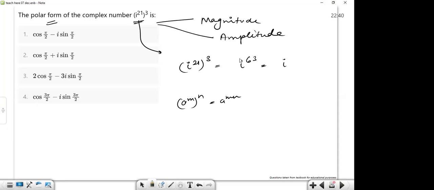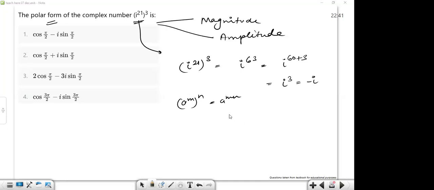The nearest lower multiple of 4 to 63 is 60. 15 into 4 is 60. So iota raised to power 60 plus 3, and iota raised to power 4 is 1. So this simply becomes iota cubed, which is minus iota. Any doubts, anyone? Should I explain again how I opened the power? No, sir. Okay.